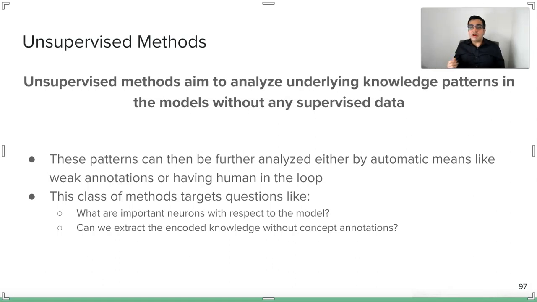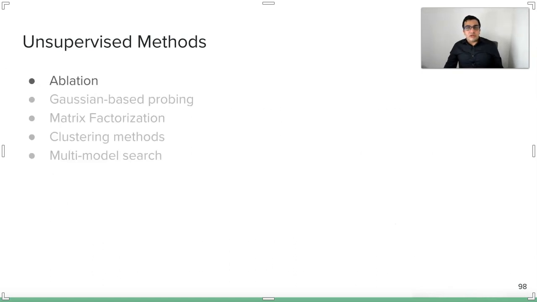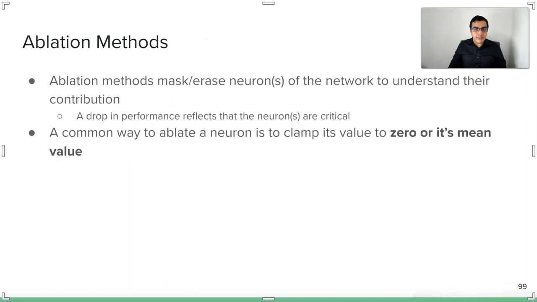This class of methods also aims to answer slightly different questions in some cases, such as what neurons are most important for a given model, regardless of any specific concept. So a very diverse set of methods have been used to identify important neurons in an unsupervised fashion, and we'll take a look at some of these now, starting with ablation methods.